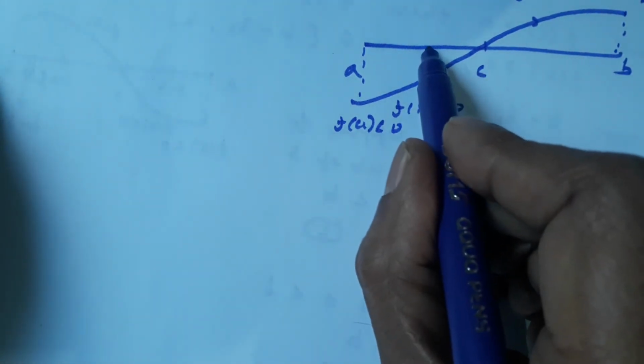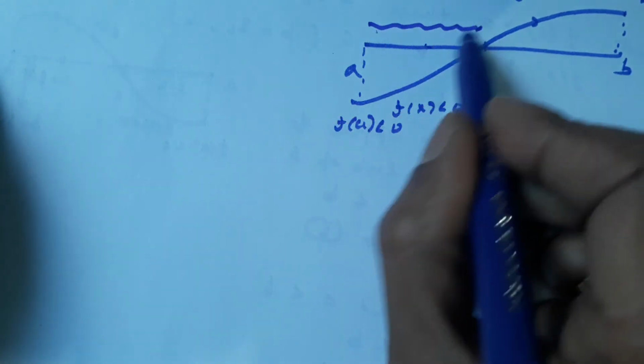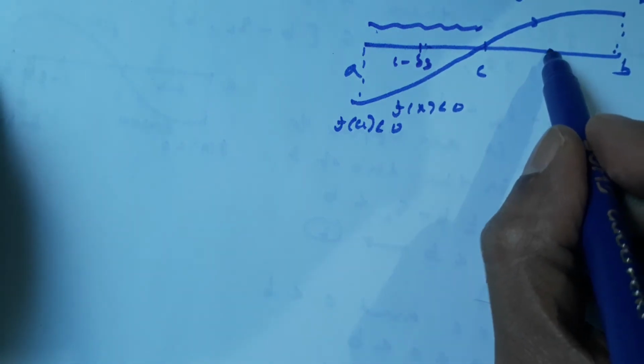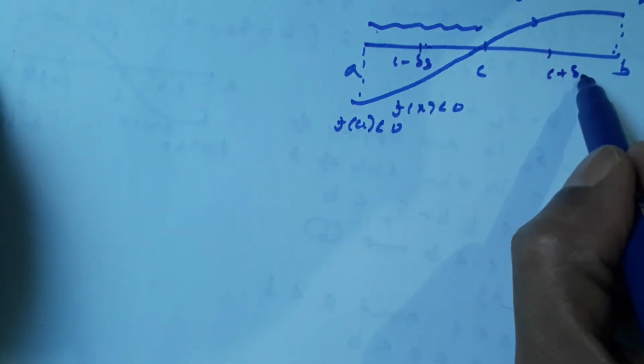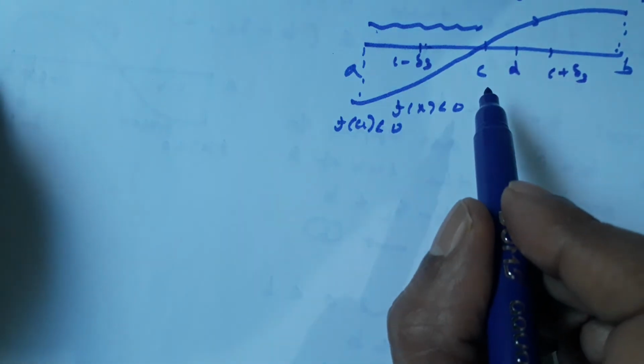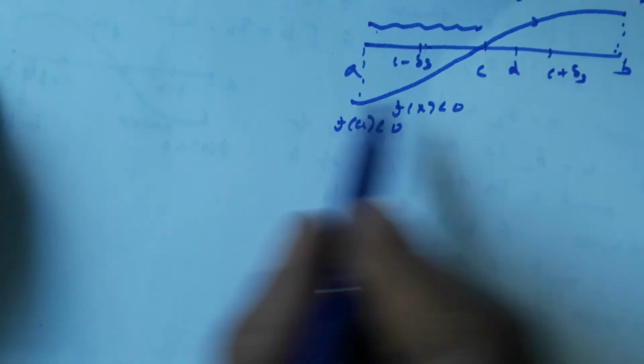Now take delta 3. Suppose this is the set S, and this is C minus delta 3, and this side is C plus delta 3. In between them D is taken, so that C is less than D is less than C plus delta 3, as in the previous step.